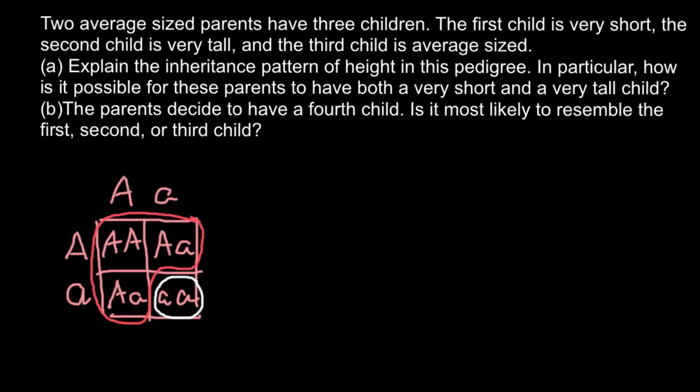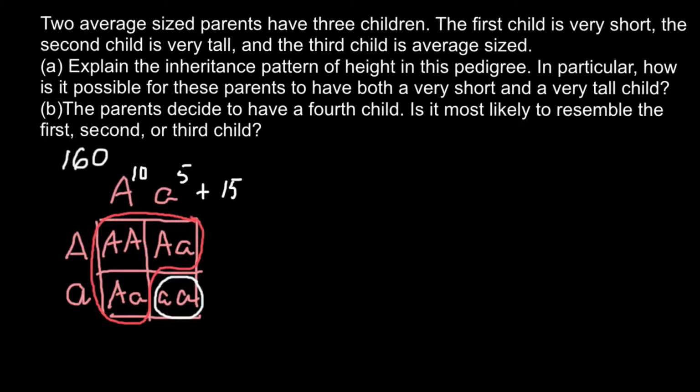And let's assume that the average height of the male would be 160 centimeters. So this parent would be plus 10 centimeters for the dominant allele and plus 5 centimeters for the recessive allele, so total plus 15 centimeters.